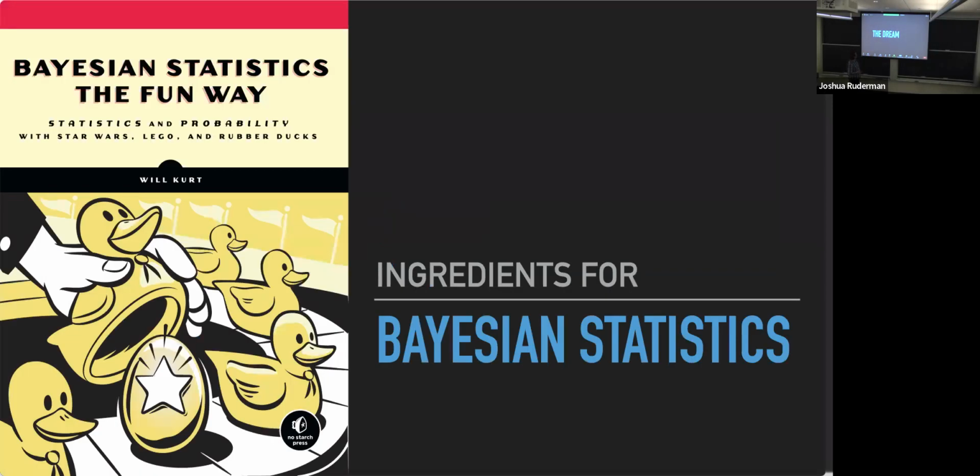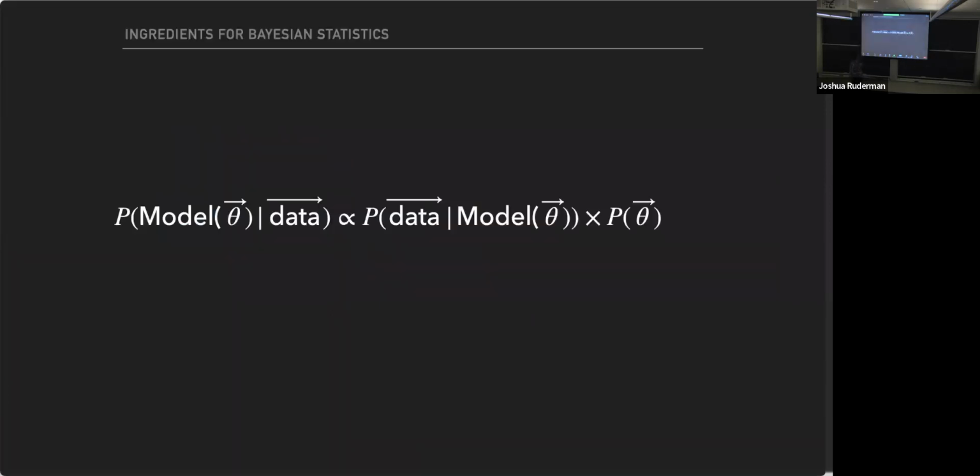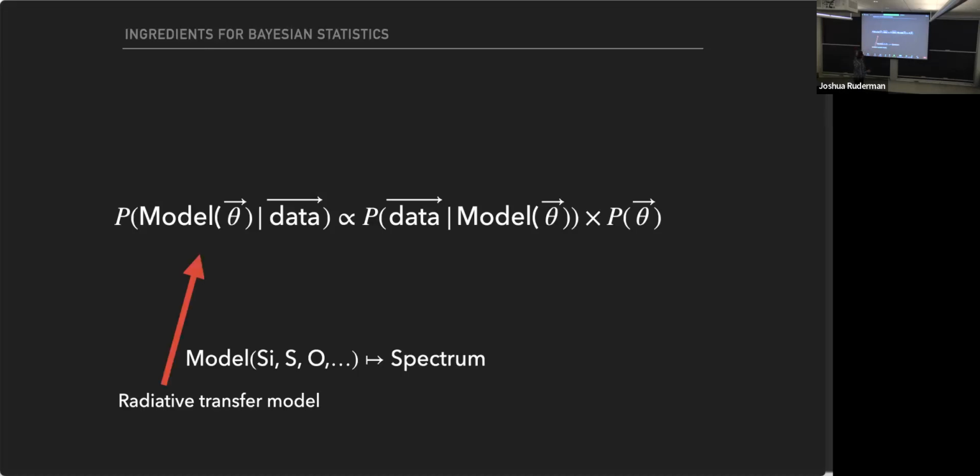Yeah. And so the dream is that we do all of this in Bayesian statistics and get a full posterior over this 200-dimensional parameter space. For some, I think for no one here, this is new, but I always put this slide in because not everyone is familiar with Bayesian statistics.